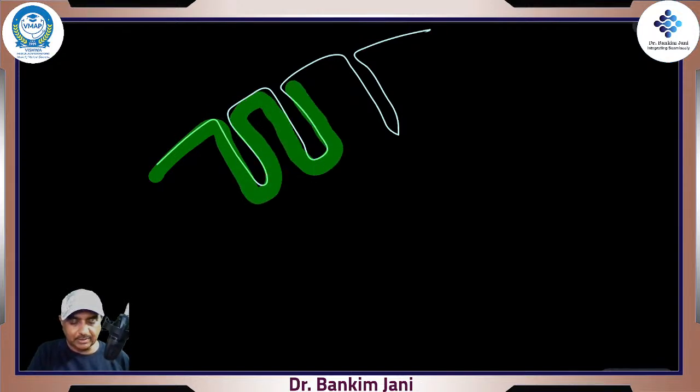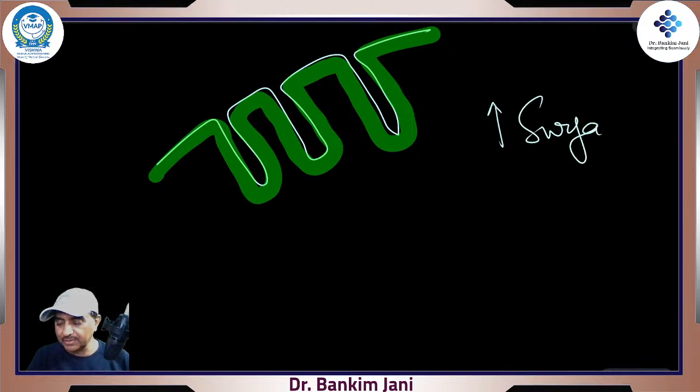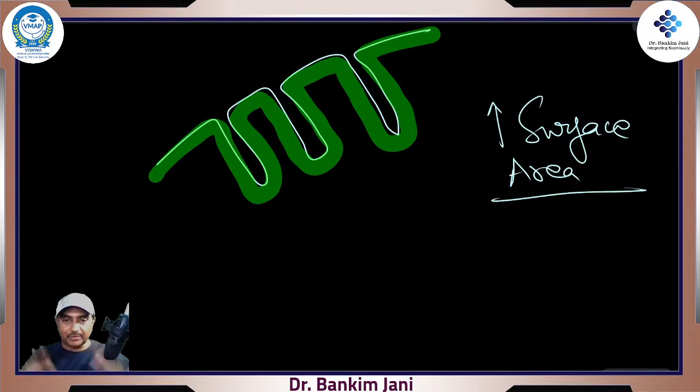So what's the secret behind it? What's the idea behind it? Why is it done? It is to increase the surface area. If you don't do this, then the size of the brain would be huge. It would be massive, 3 times more than the normal size. But because it is thrown into folds, we increase the surface area, because every portion is associated with the neurons.